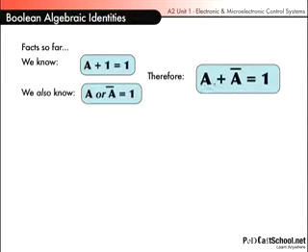So imagine, for example, A were a 0, then A bar would have to be a 1. And we know that anything ORed with a 1 gives us a 1. If it's swapped round, let's say A was a 1, then A bar would be a 0. But still, 1 ORed with a 0 gives us a 1. So this identity is quite important.